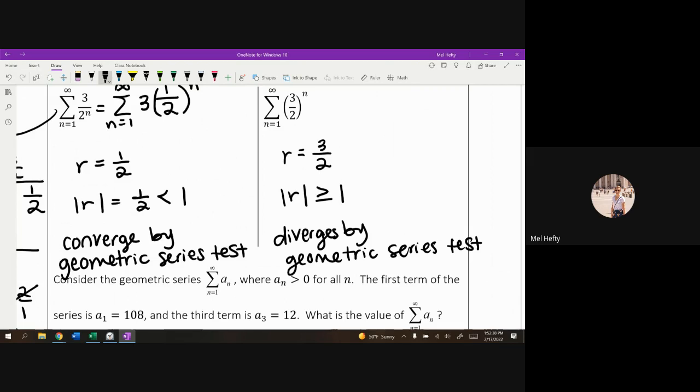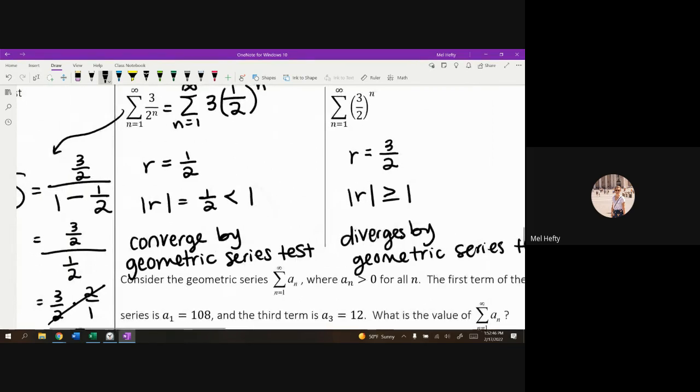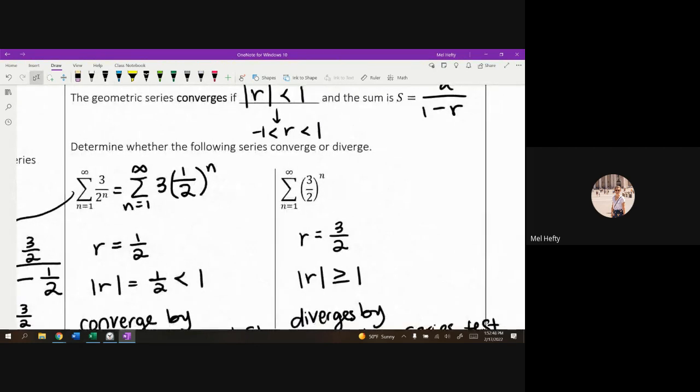Yeah, Michaela. Do you notice how this 3 does not have an n power on it at all? So I pulled that 3 out front, and I took the 2 from the bottom and put it inside here to the n power. Since that 2 was on the bottom, I needed a placeholder for the top, so I put a 1 up there.